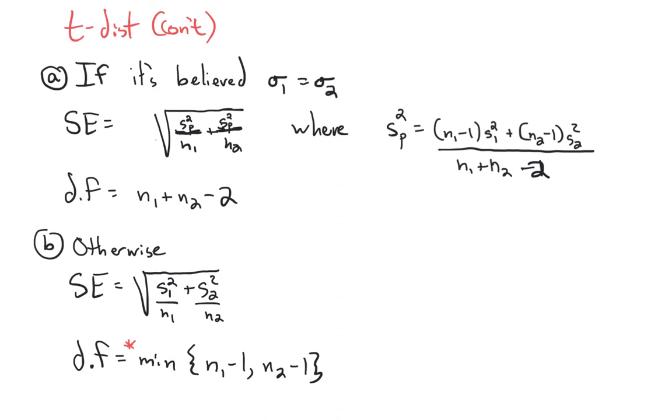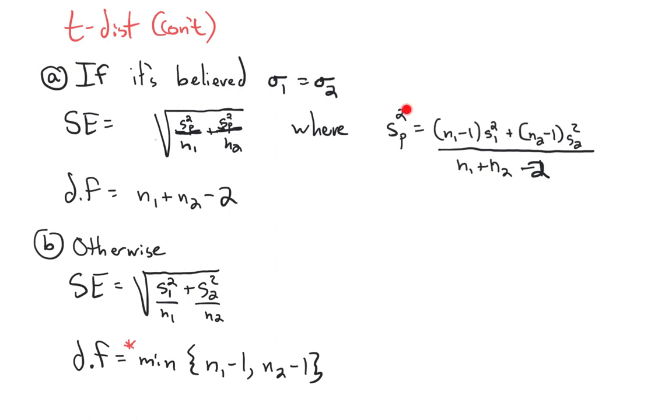We might be told that, or for some other reason, we might believe that's the case. In that case, we have the following standard errors and degrees of freedom to tell us which t-distribution to use. The formulas are a little bit complicated, but don't worry about them. It's not like you'll have to remember them. You'll just have to be used to calculating using them.